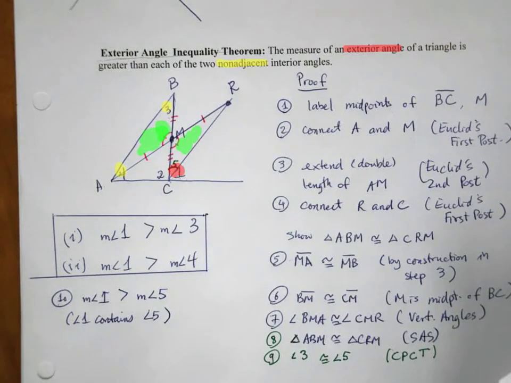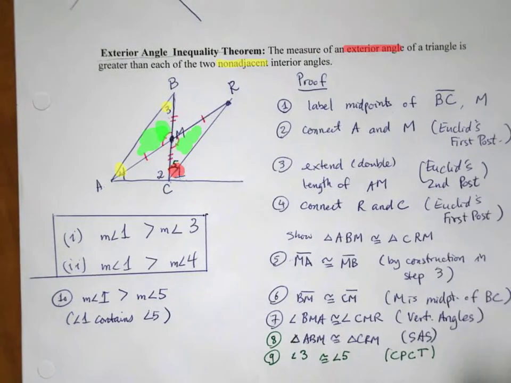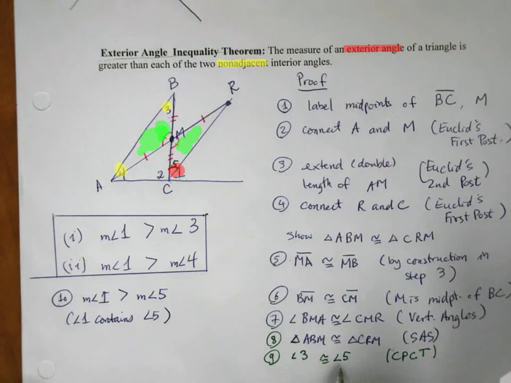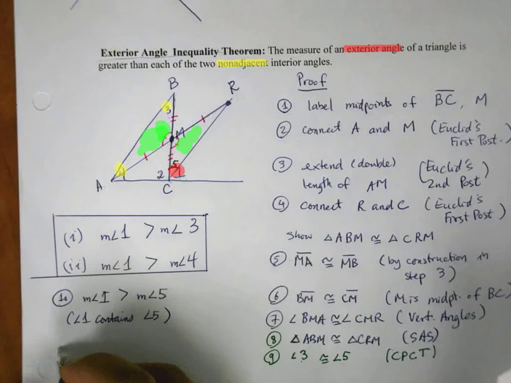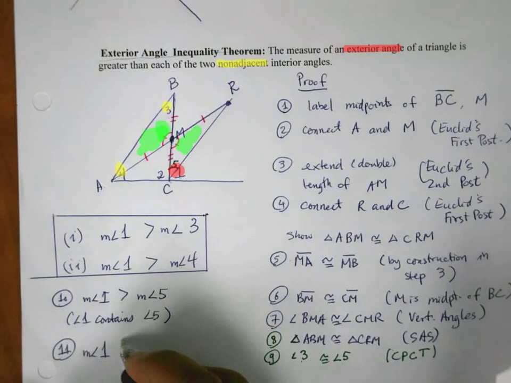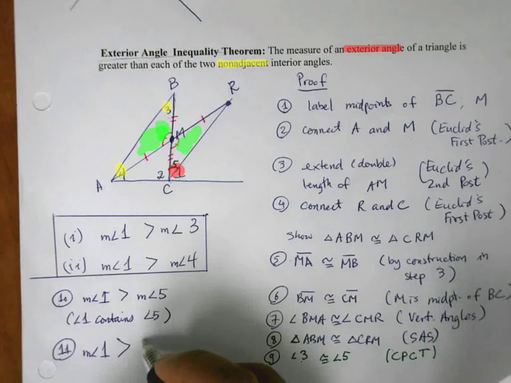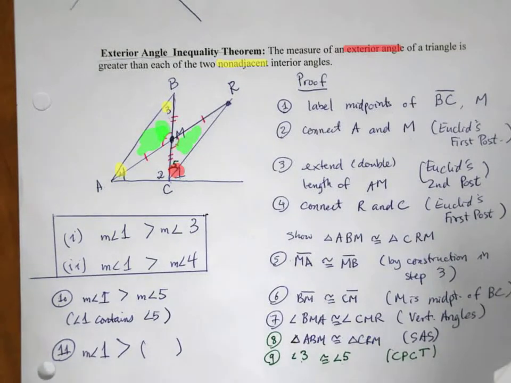And then finally, we can make a substitution. Since 3 and 5 are the same thing, I can take 3 and substitute it in here. So step 11, measure of angle 1 is greater than, and I'm going to use parentheses here to make a substitution, the measure of angle 3.